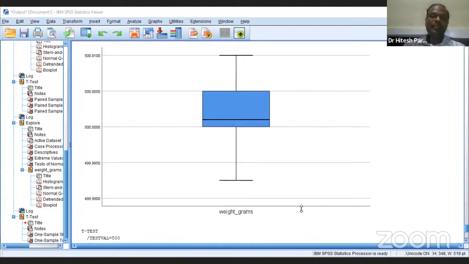See, normality you may achieve or you may not achieve. If your data are not normally distributed, that doesn't mean that you have collected poor data, right? Say for example, you didn't like my lecture.